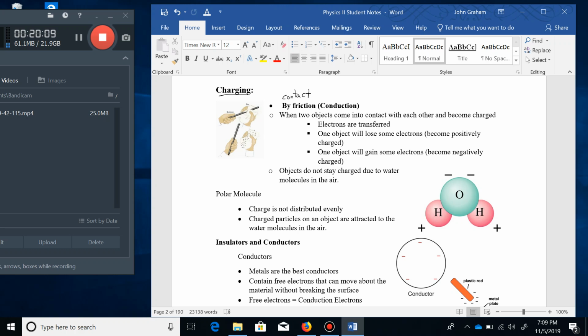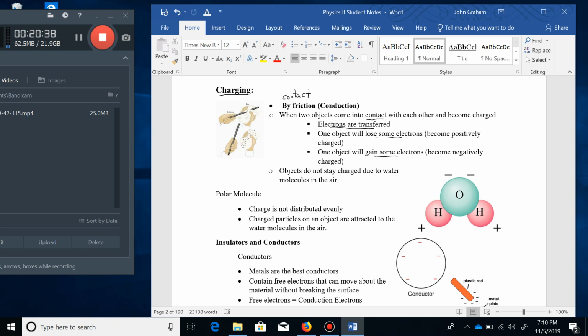So when we have charging by friction, we have two objects in contact with one another, and they each become charged because electrons are transferred from one object to the other object. So one object will lose electrons, and the other object will gain electrons.